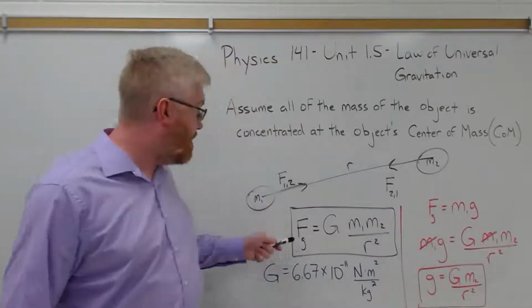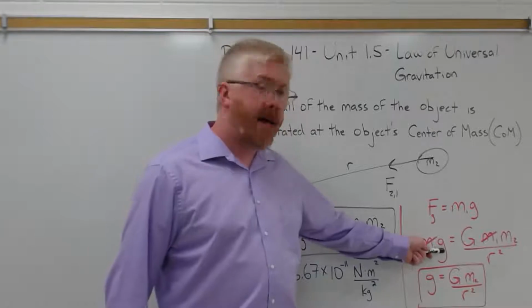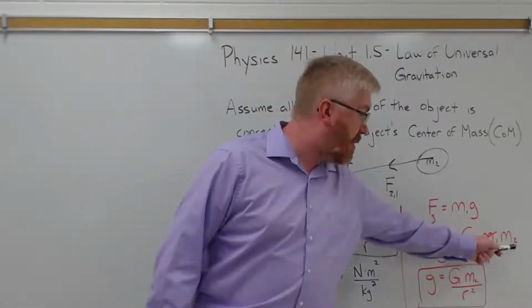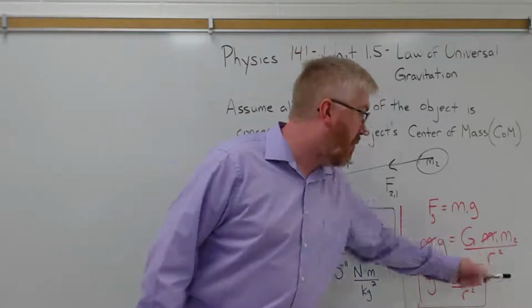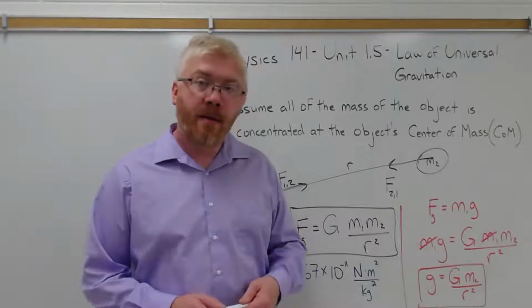Setting these forces equal to one another, we see that the mass of the first object times small g is equal to big G times the mass of the first object times the mass of the second object over r squared. The mass m1 cancels.